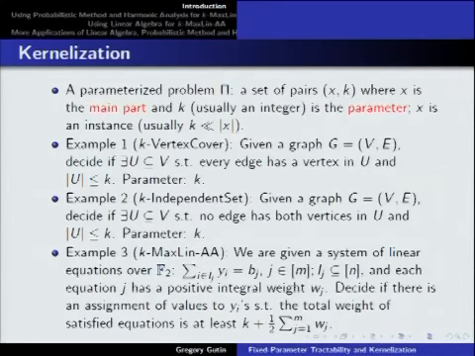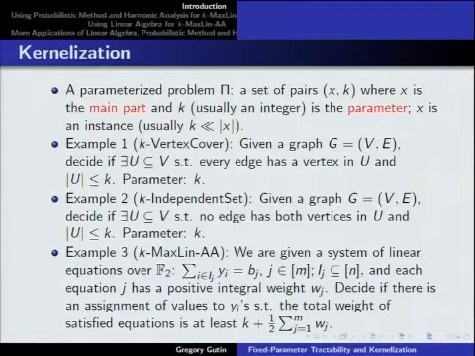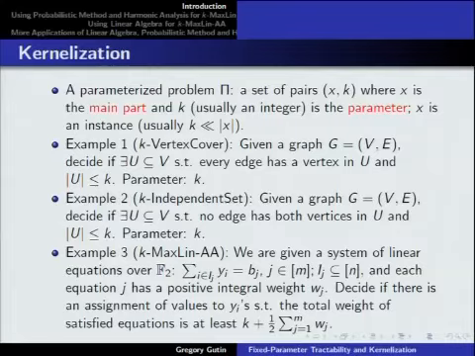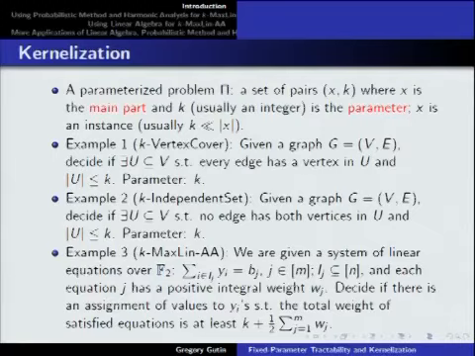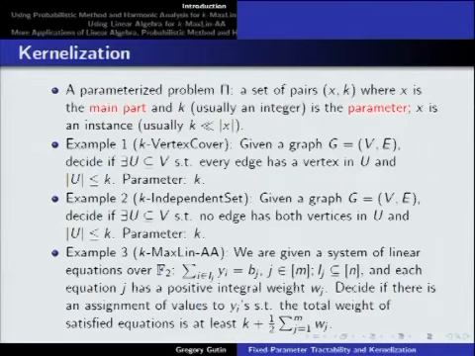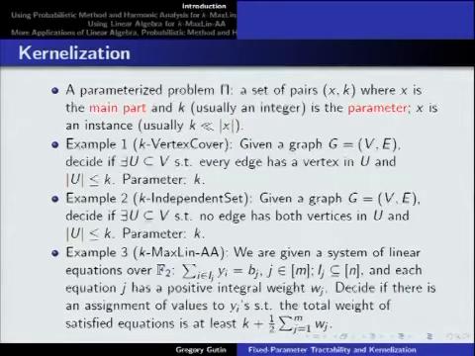Then another one is the one which will be prominent today: k-Max-Lin above average. Here we are given a system of linear equations over F2, and each equation has a positive integral weight, and we want to decide if there is an assignment of values to the variables such that the total weight of the satisfied equations is at least k plus half of the total weight of all equations.